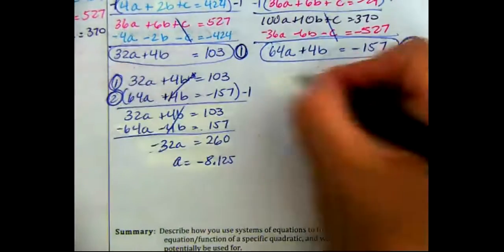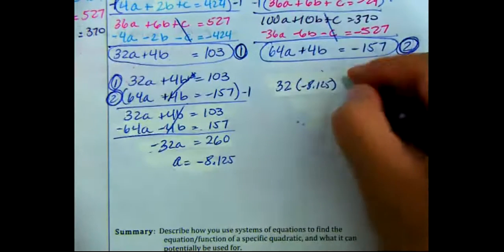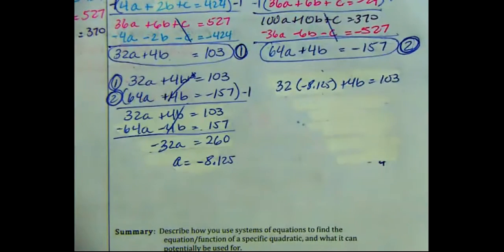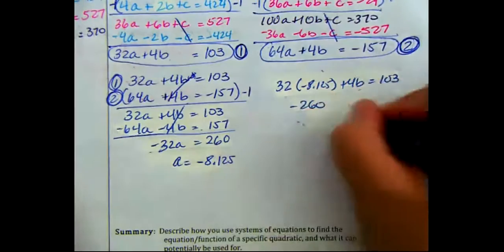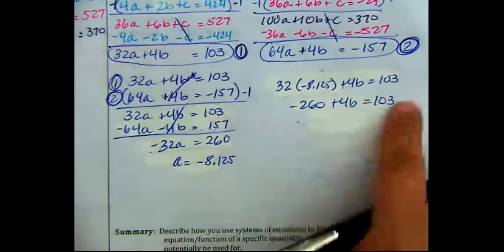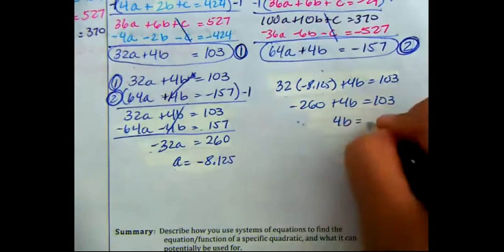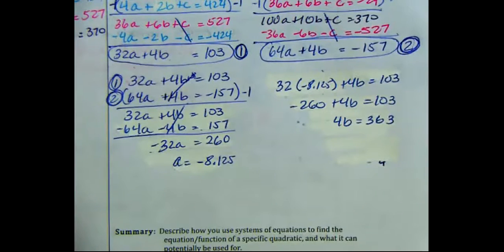So we can do the same one. 32 times negative 8.125 plus 4b is equal to 103. So this is going to be a negative 260 plus 4b is equal to 103. Add the 260 over. We get 4b is equal to 363, right? 260 plus 103. Yeah.